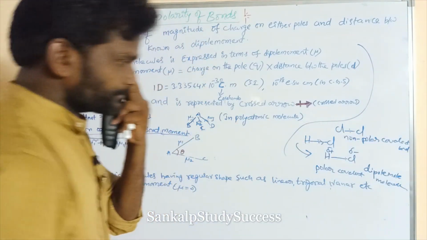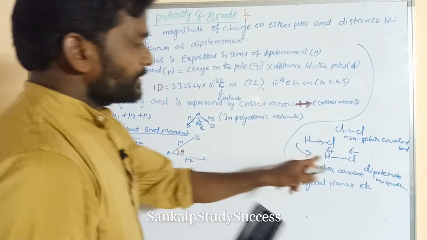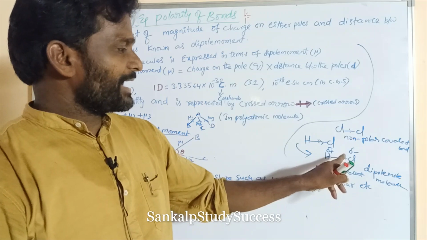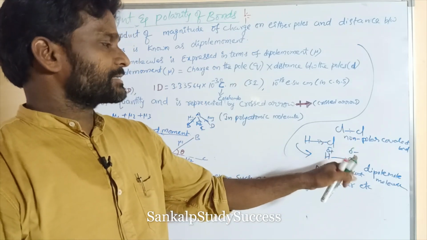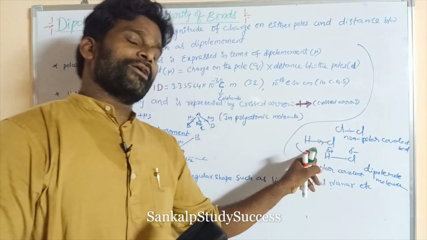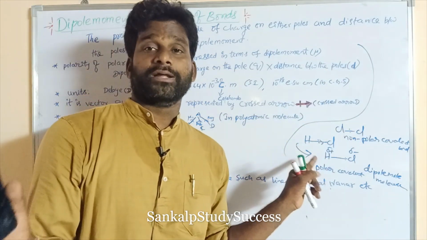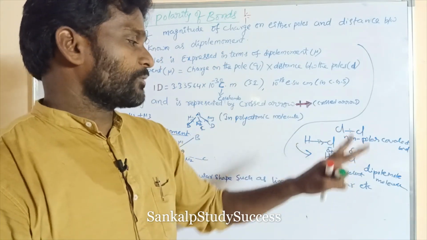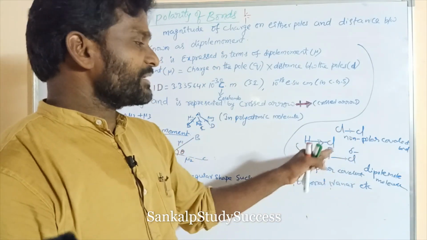When the molecule acquires a partial negative charge on the more electronegative atom and a partial positive charge on the less electronegative atom, this type of molecule is known as a polar molecule. This phenomenon is known as polarity.